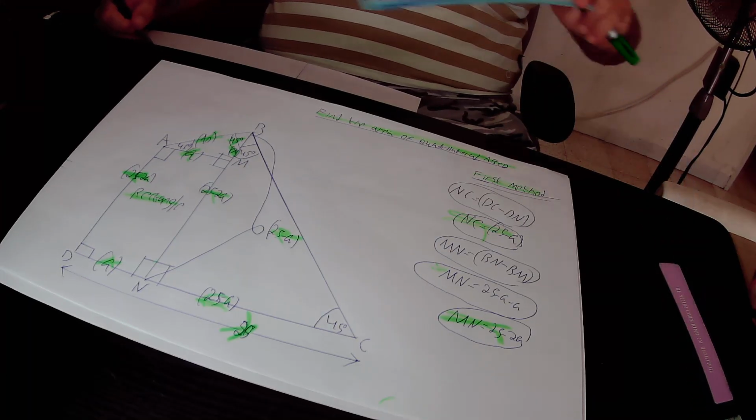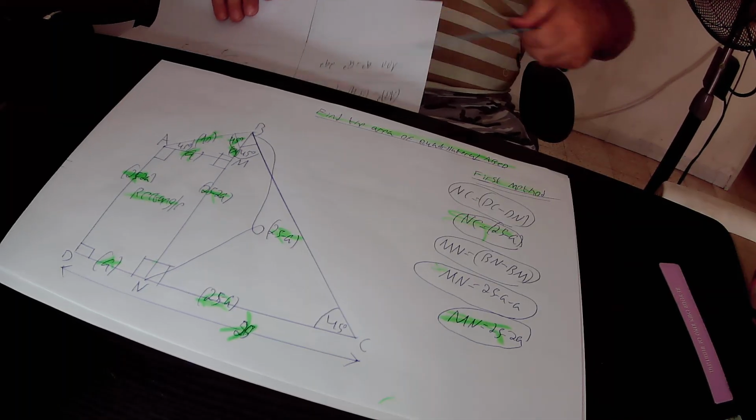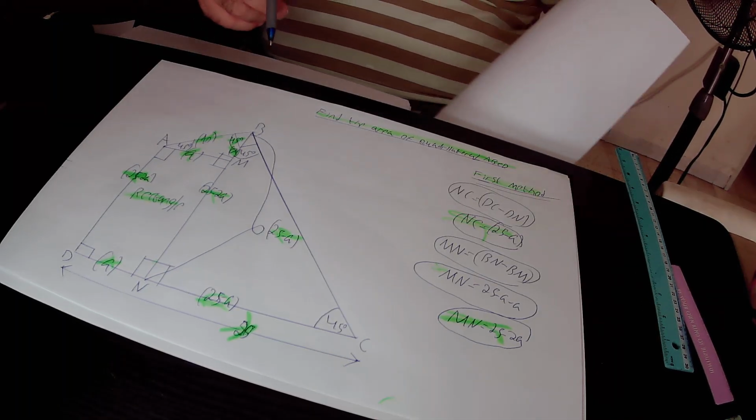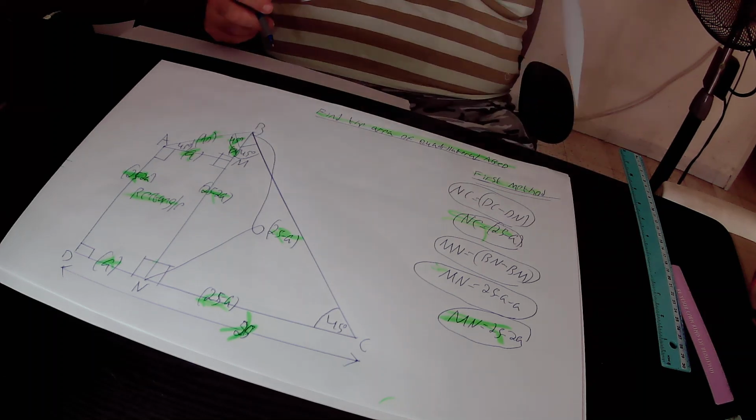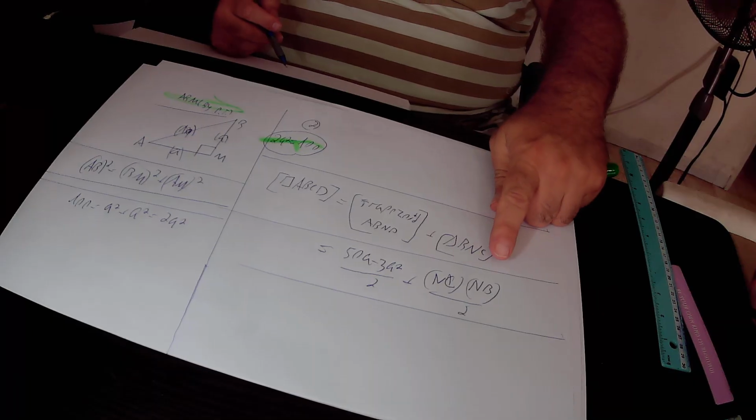So again, we found out that the area of this right triangle BNC is equal to the base NC times the height NB over 2.